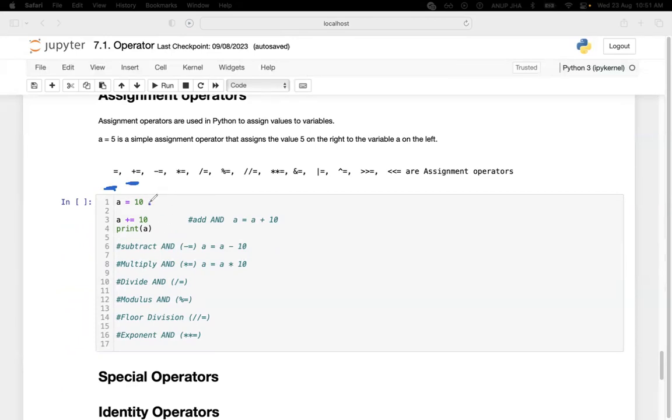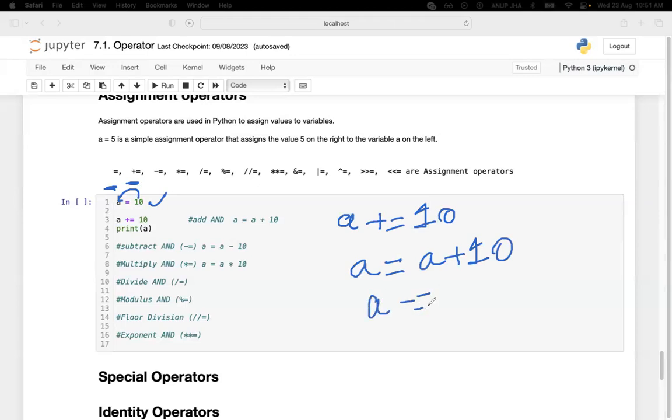When I write A is equal to 10, that means I am assigning a value of 10 to A. And if I write A plus equal to 10, it means A is equal to A plus 10. When I write A minus equal to 10, I am actually doing A is equal to A minus 10.